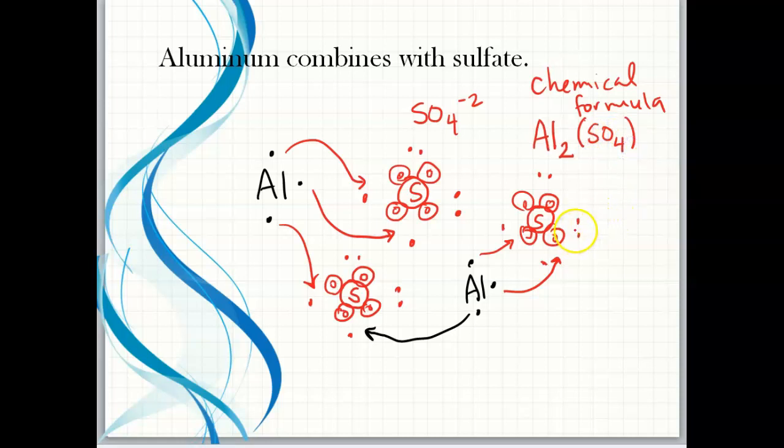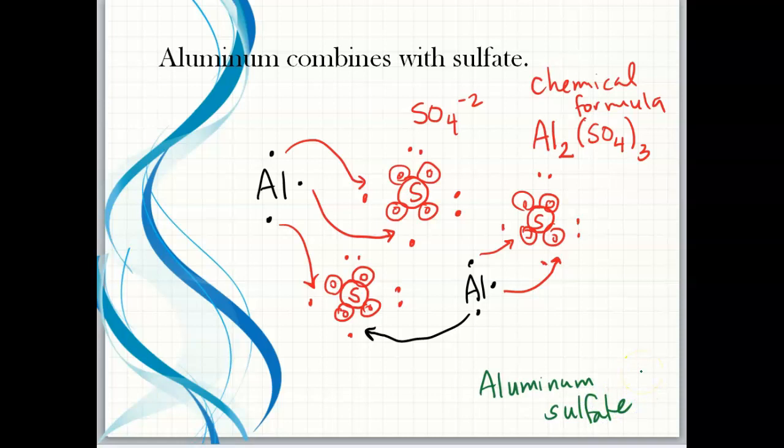Remember, I do not include the charge. And then I count how many of them I have. I have 1, 2, and 3. Okay, so that is my chemical formula for aluminum sulfate, and the name is aluminum sulfate.